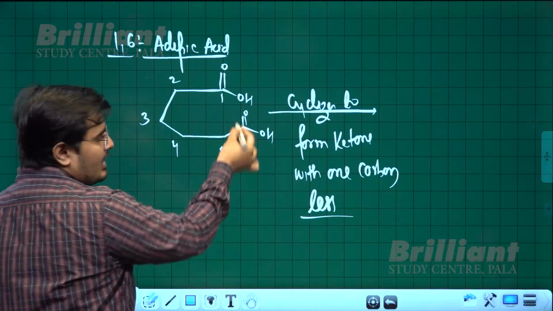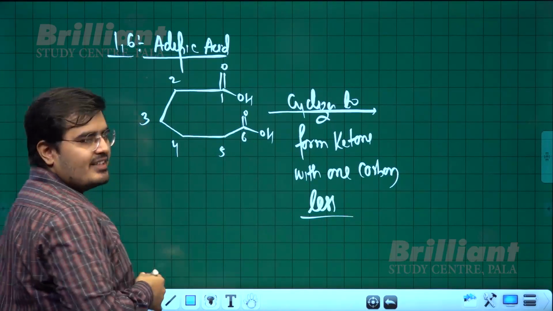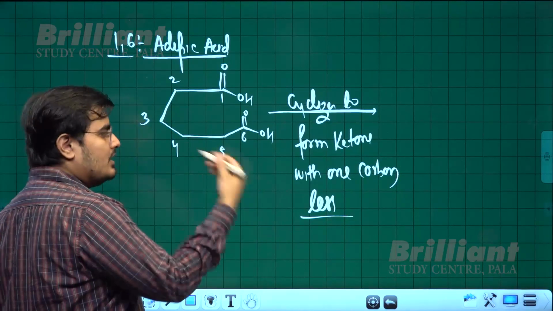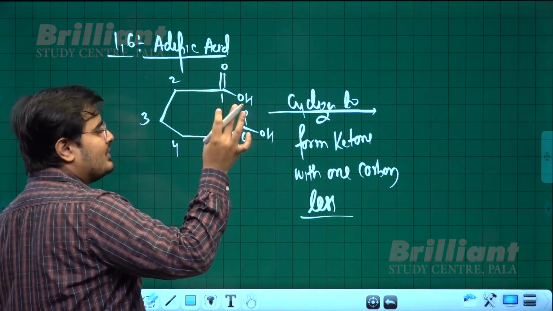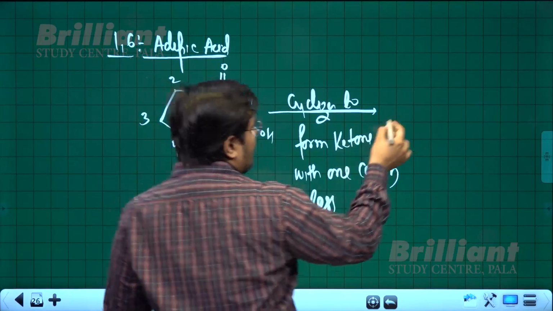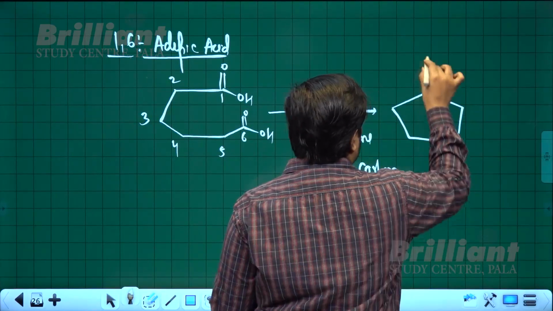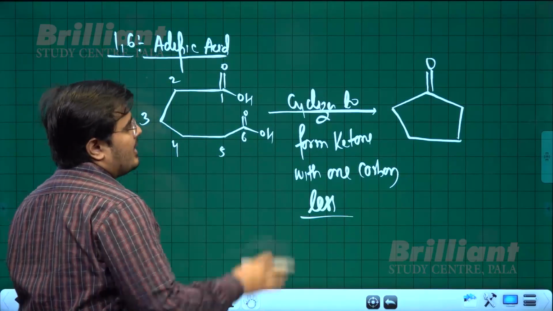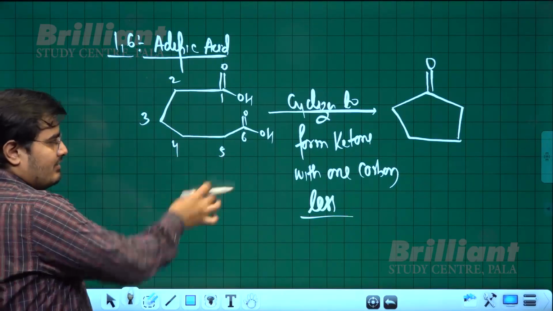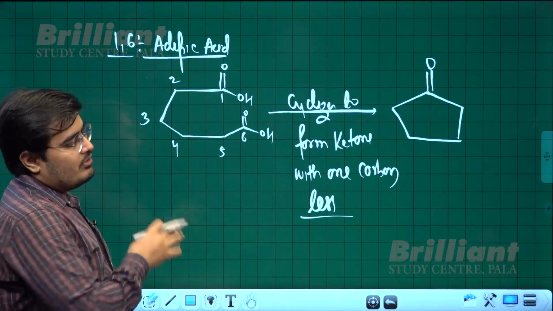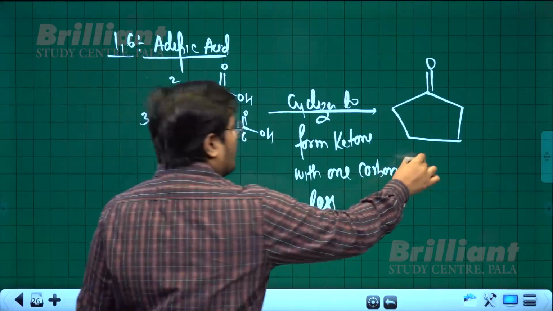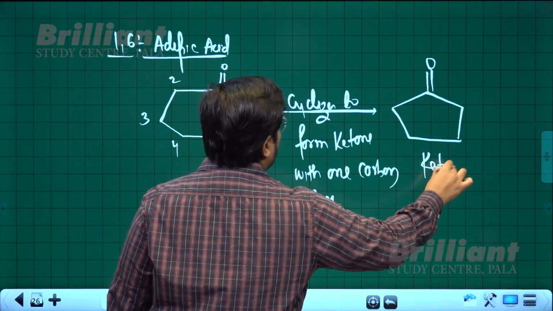How many carbons are there? There are a total of 6 carbons. So this is going to decarboxylate. It will remove one CO2 and form a cyclic ketone which will have 1 carbon less than the parent acid. So if you get a 1,6-diacid and you heat it, you will get a ketone with 1 carbon less.